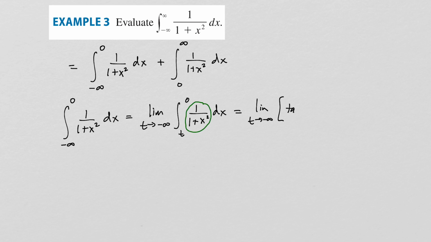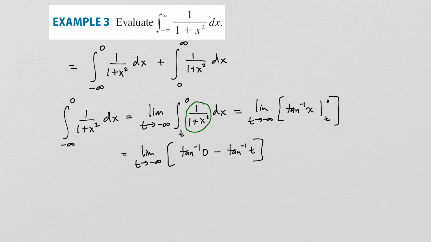And we should know that this antiderivative is simply inverse tangent of x. And so this becomes the limit as t goes to negative infinity. Using the fundamental theorem of calculus, we have the inverse tangent of 0 minus the inverse tangent of t. Now, inverse tangent of 0 is equal to 0. So we're just going to have negative limit t goes to negative infinity of the inverse tangent of t. And all I did here is I just took this negative and I factored it out of the limit.